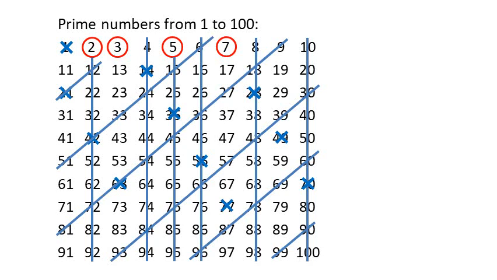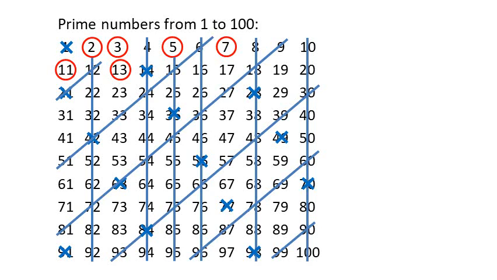The next prime number is 11, but other multiples of 11 up to 100 are already erased. In a similar way, the next prime number is 13, but other multiples of 13 up to 100 are already erased.